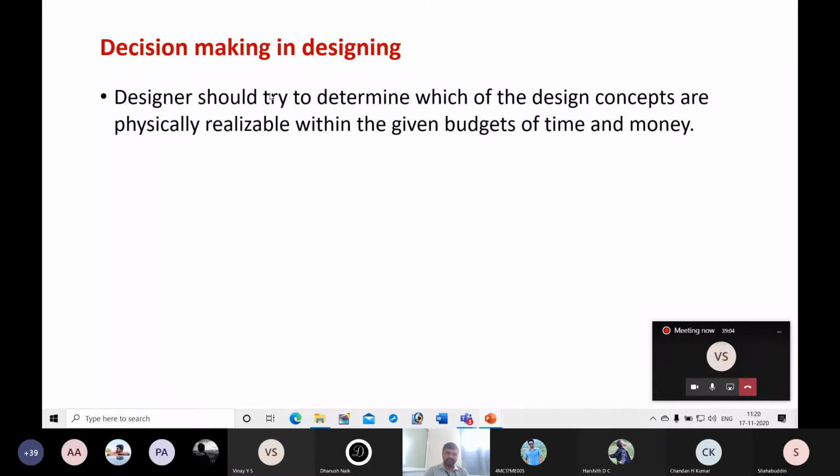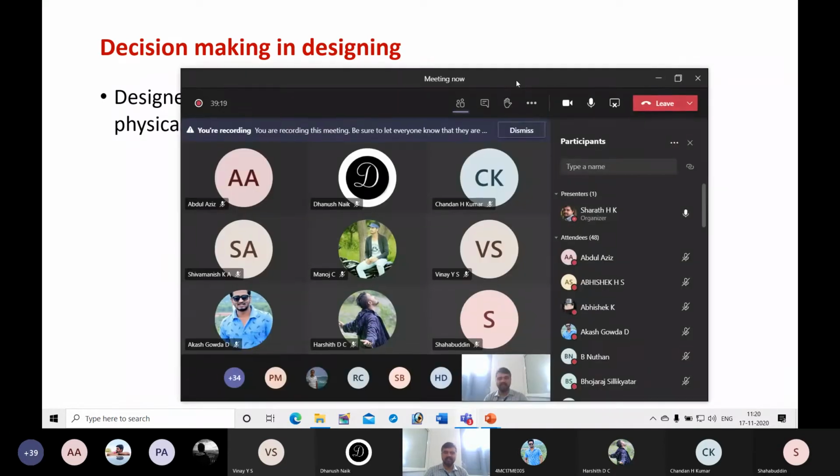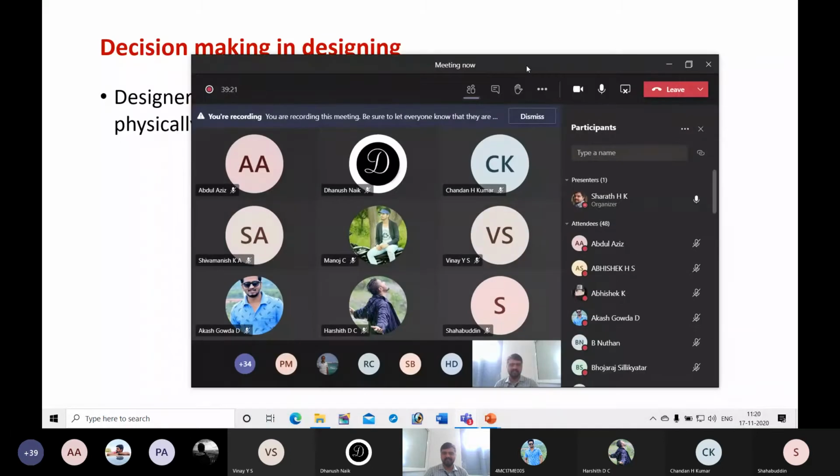Designer should try to determine which of the design concepts are physically realizable within the given budgets of time and money. As we discussed earlier, the designer is working within various constraints, usually resources.